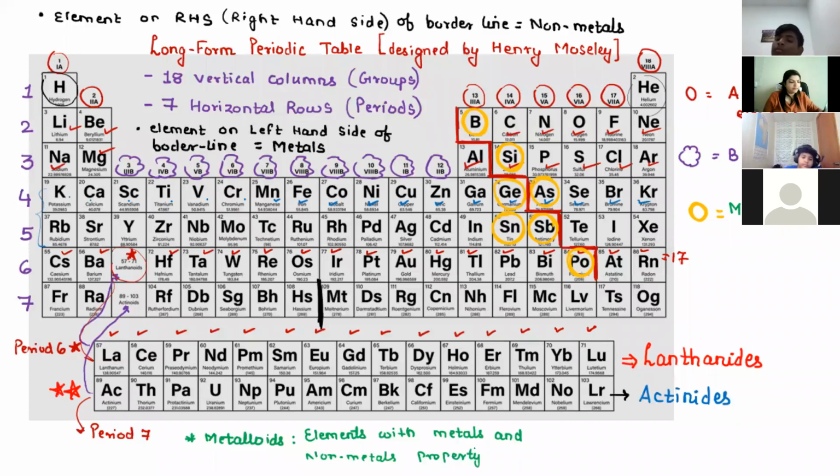Okay, elements with metals and non-metals property. So these are called metalloids. I'm actually going to circle it with green because yellow is too faint.